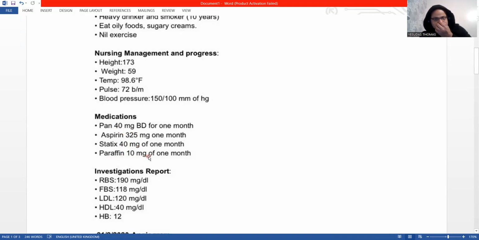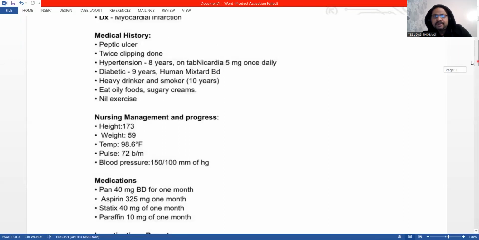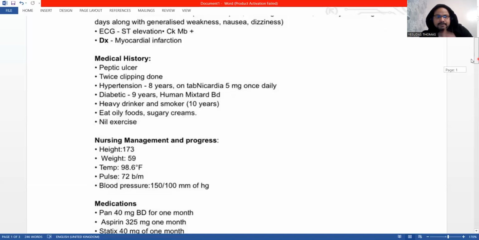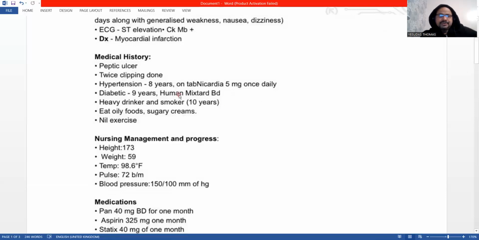These are the medicines which are very important because you are going to write to the district nurse to request medication compliance. Now we have something very important here in the medical history, that he has some peptic ulcer for which two clippings were done, hypertension for 8 years, and diabetes mellitus for quite a long time.